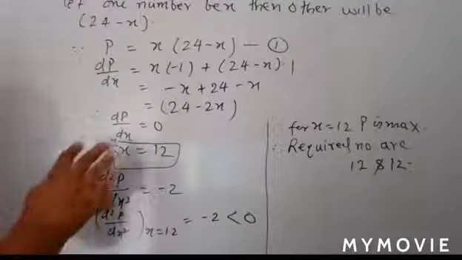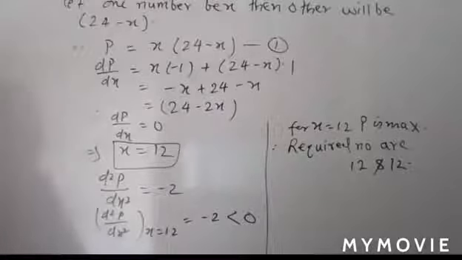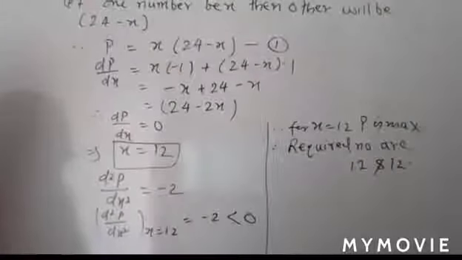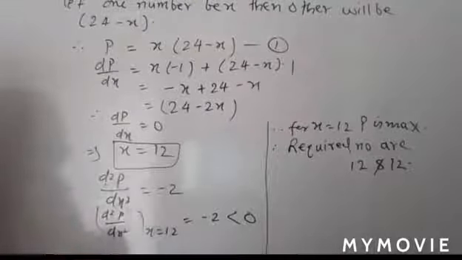Here, one thing you should note: first of all, the function which is to be maximized or minimized is converted into a single variable. Sometimes the unknown quantity is based on two variables, just like volume and surface area, which contain two variables, radius and height. You have to convert that into a single variable, either h or r.